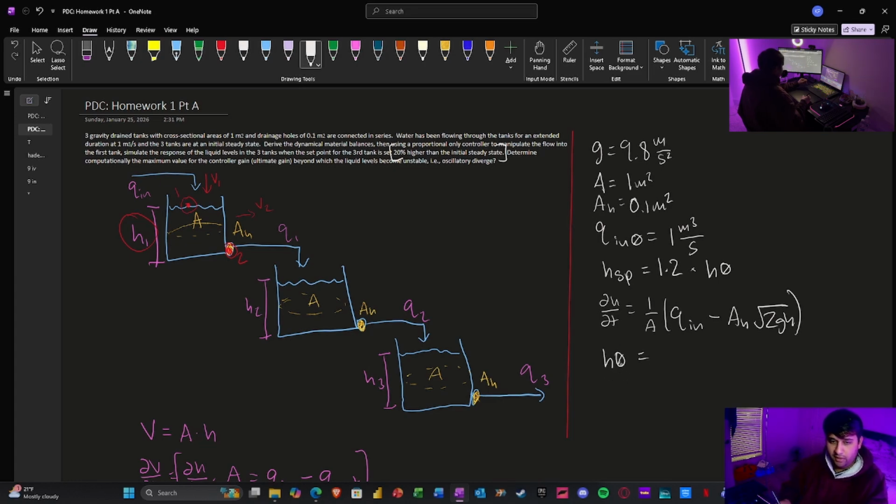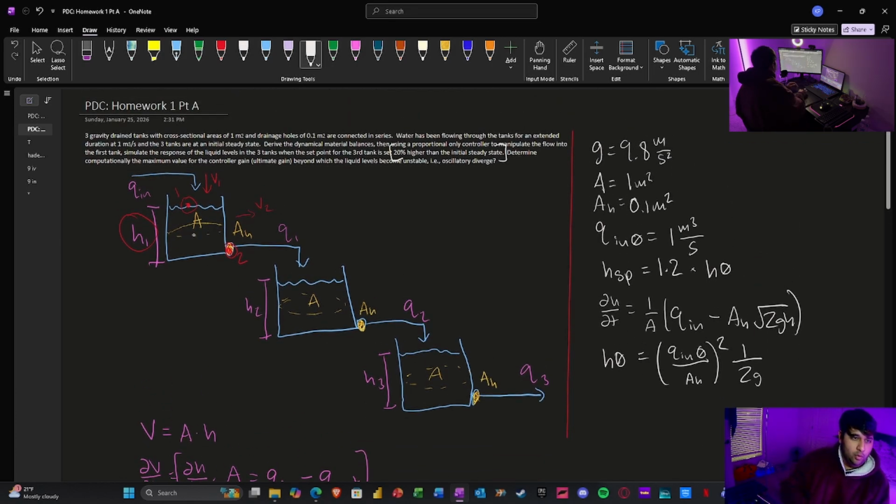I'm again just calling it H naught because it is at t equals 0, which is the Qin, and we're going to use this naught value because we're referencing the initial, divided by the area of the drainage hole squared, multiplied by 1 over 2g.